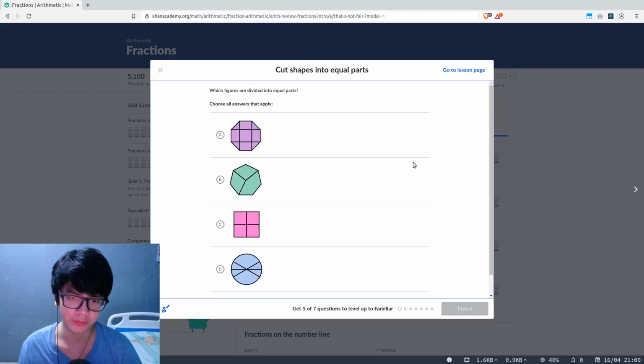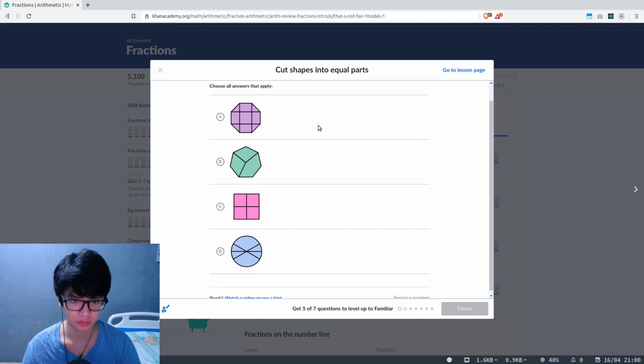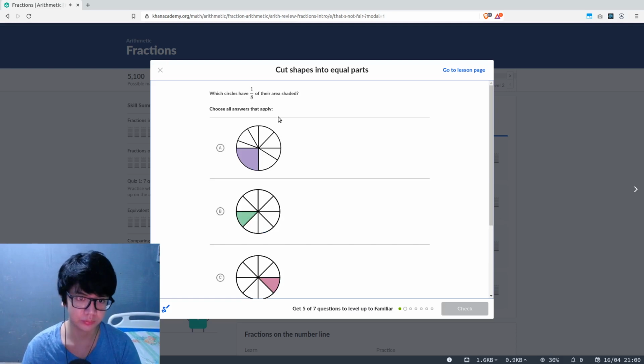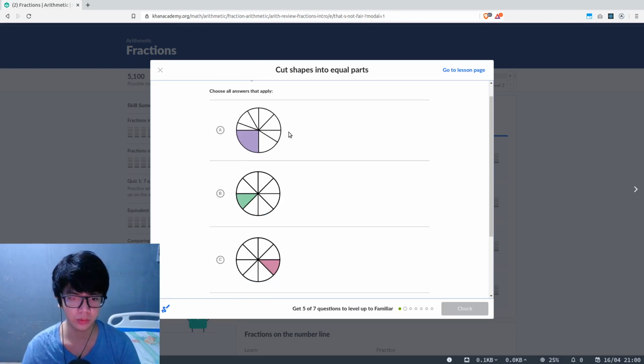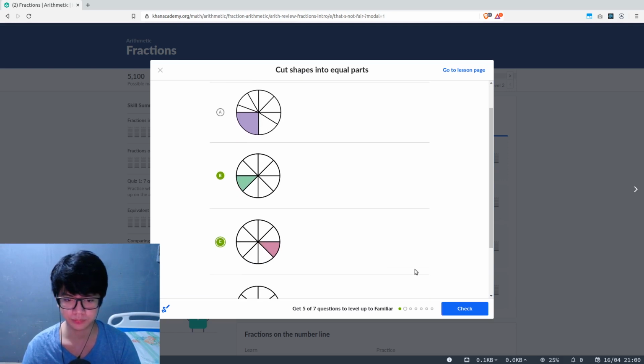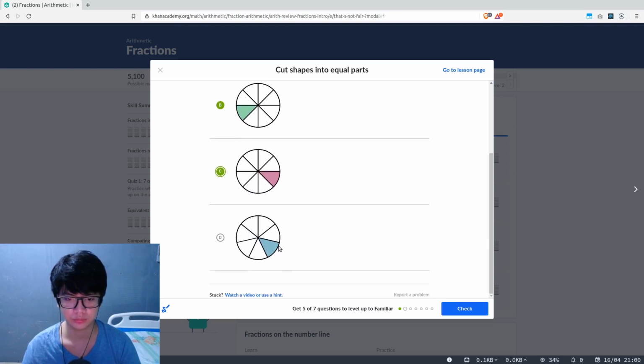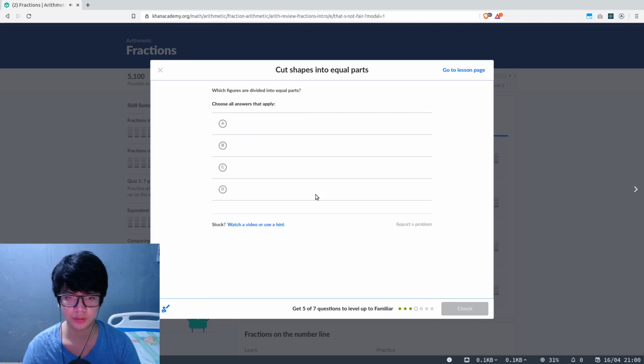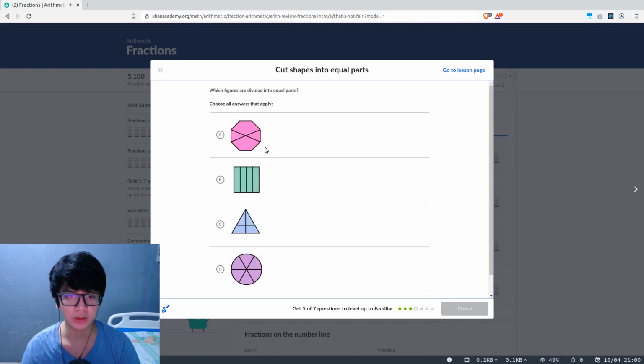Which figures are divided into equal parts? Which circles have 1/8 of the area shaded? No. 2 pieces. Is each piece equal to 1/2 of the pizza? Yeah. Which figures are divided into equal parts?